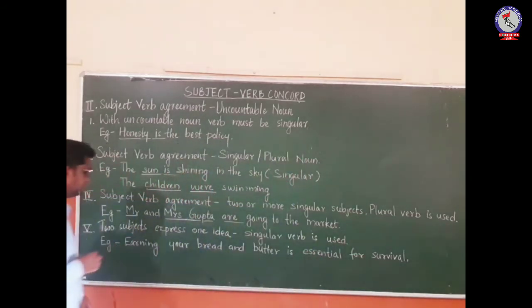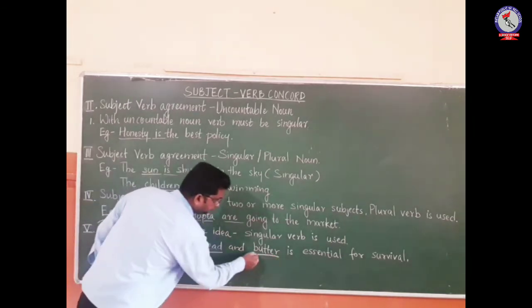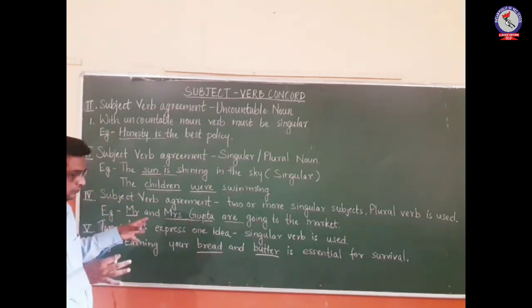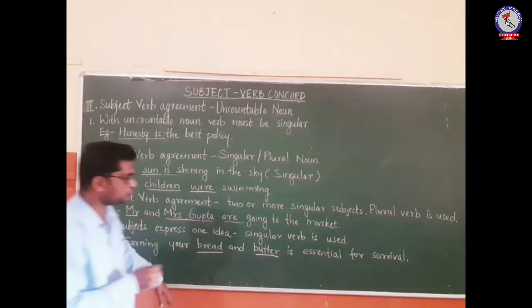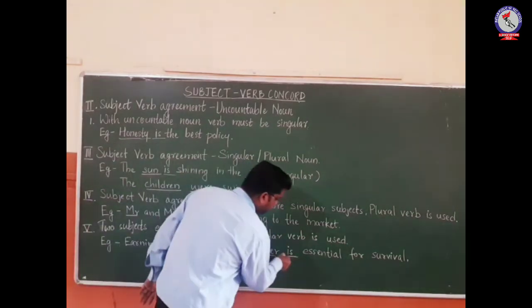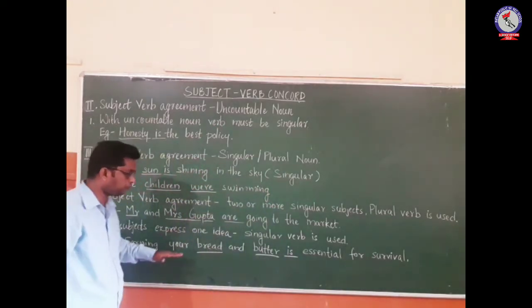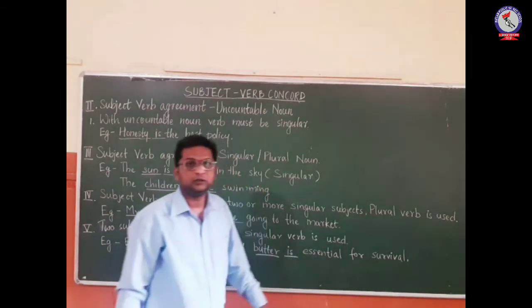Here in this sentence, bread and butter, they show us one idea. Okay, it shows us one idea. Therefore, we have used a singular verb in this sentence. Earning your bread and butter is essential for your survival.